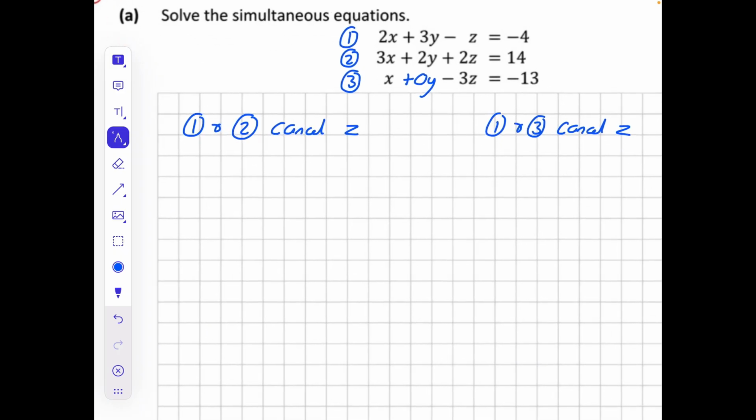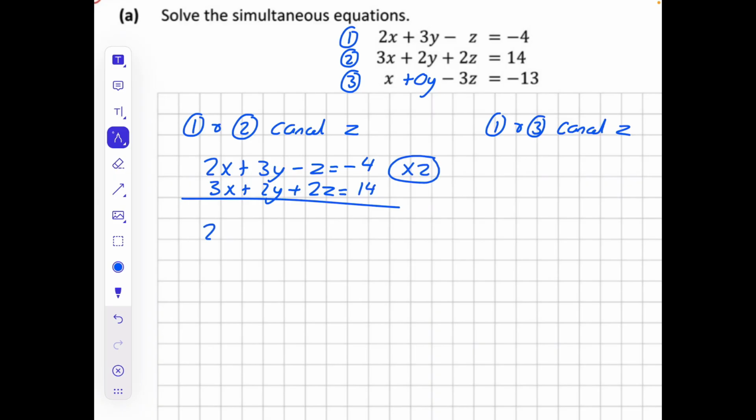So we're going to take 1 and 2 and cancel z. So 2x plus 3y minus z is equal to minus 4. And 3x plus 2y plus 2z is equal to 14. To cancel z, you want to make that first line have a minus 2z. So we're going to multiply the whole top line by 2. Oh, sorry. What did I forget to do there?